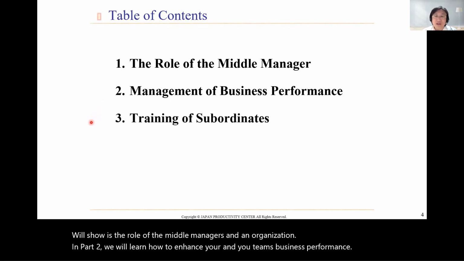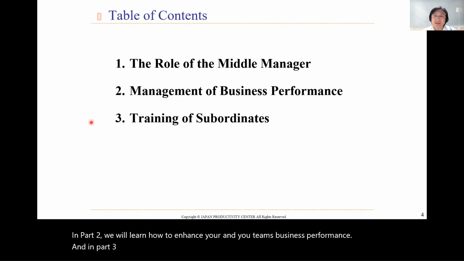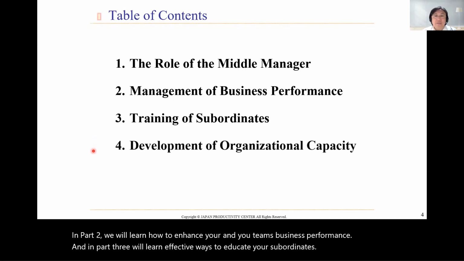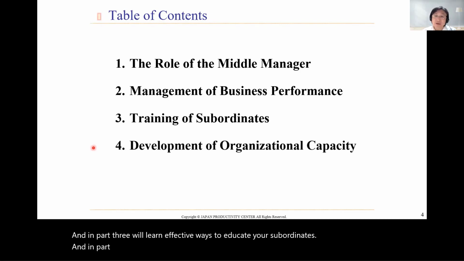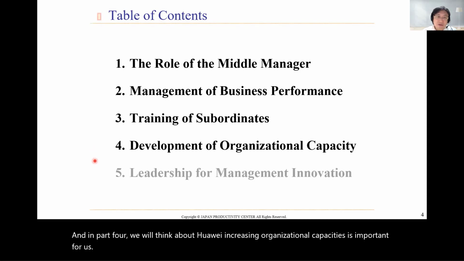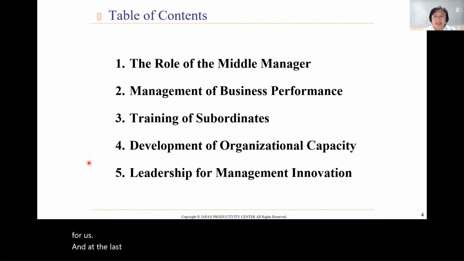And in part 3, we'll learn effective ways to educate your subordinates. And in part 4, we will think about why increasing organizational capacities is important for us. And at the last part, we'll think about leadership to achieve innovation.